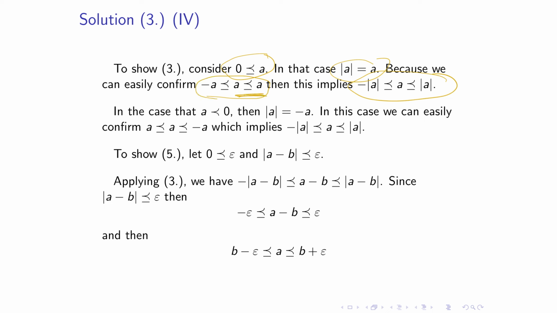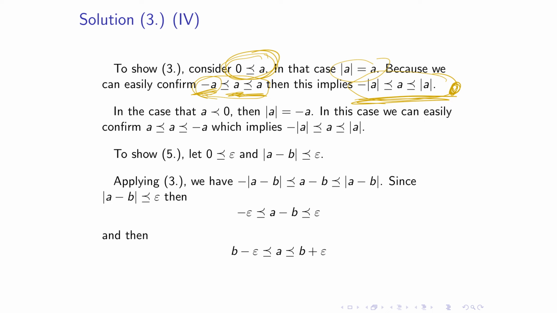This is merely by reflexivity, but then here we know that this is less than or equal to 0, and this is greater than or equal to 0 under this assumption. So we get this chain of inequalities, and if we put the absolute value back in, we get the desired result.